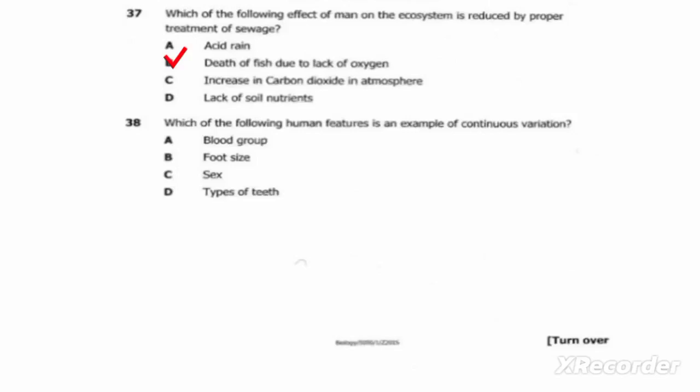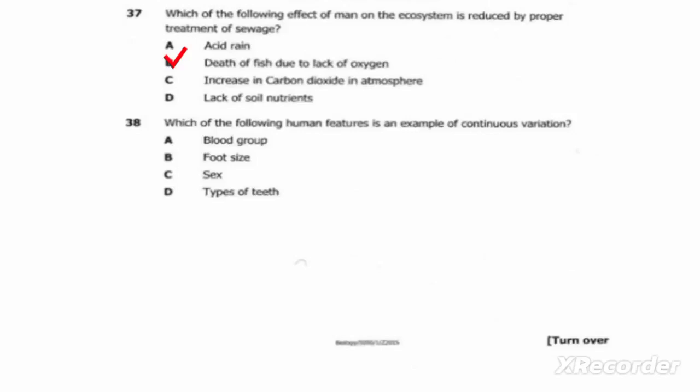Then a discontinuous variation shows a limited chance of something happening, or limited possibility. So for example, we only have 4 types of blood groups. We only have 4 types of teeth.